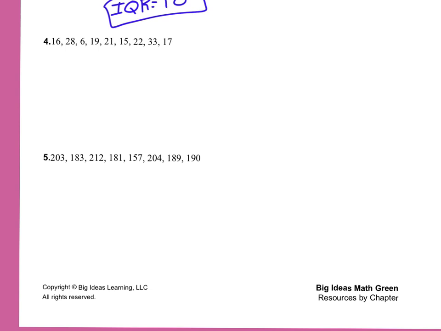Let's put this data in order from least to greatest. So it looks like my first number is 6. Then it looks like I'm going to run into 15. Then it looks like 16. Then 17.